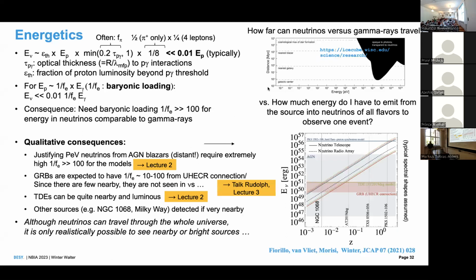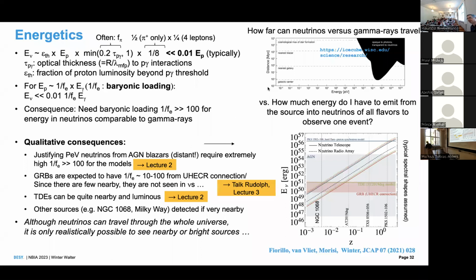And in fact, in the models, the baryonic loadings are sometimes fantastically high, like 10⁴, 10⁵, for the TXS blazar. Gamma ray bursts, on the other hand, are expected to have baryonic loadings of the order of 10 to 100 from the ultra high energy cosmic ray connection, if they are the sources of the ultra high energy cosmic rays.